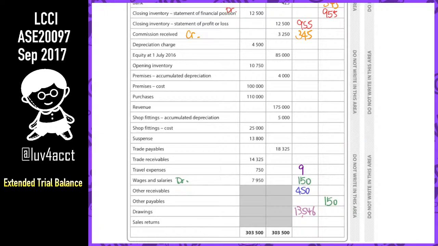Okay, so why suspense? Just now I have written it incorrectly. So 9 and 13546. Okay, it will be 13555.